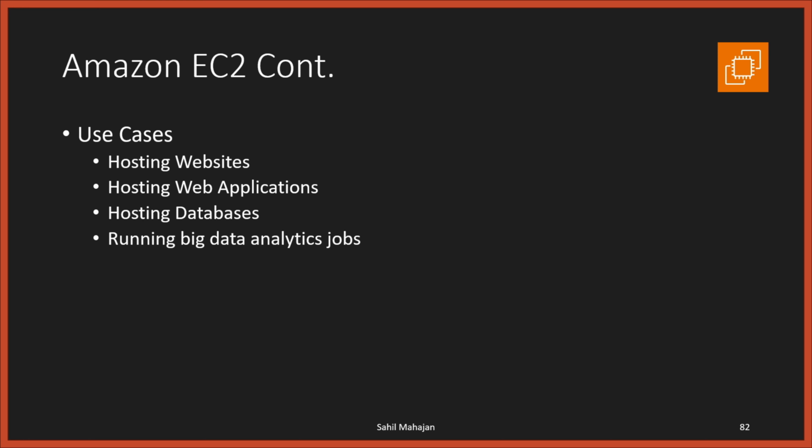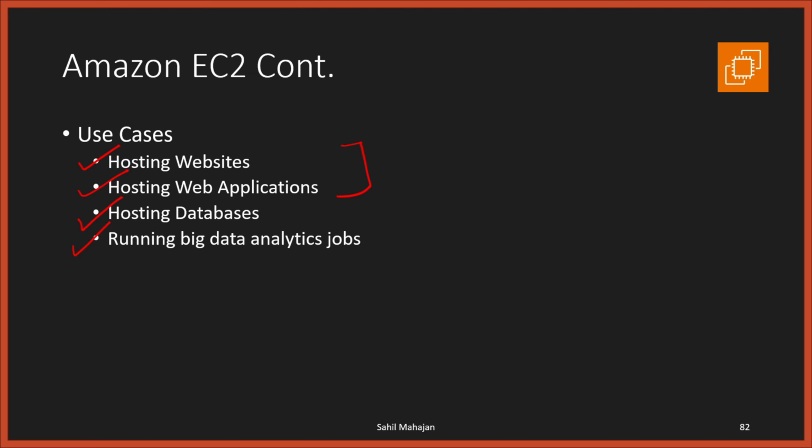Moving on, we'll take a couple of use cases now into EC2. So you know that EC2 is a computer in the cloud, but what are a couple of use cases that you have for Amazon EC2? First, you can host websites, web applications, and databases, and you can run big data analytic jobs. We talked about web servers, so that's where your websites and web applications come into place.